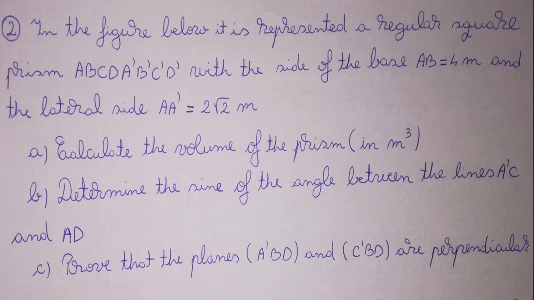Point A. Calculate the volume of the prism in cubic meters. Point B. Determine the sine of the angle between the lines A'C and AD. Point C. Prove that the planes A'BD and C'BD are perpendicular.